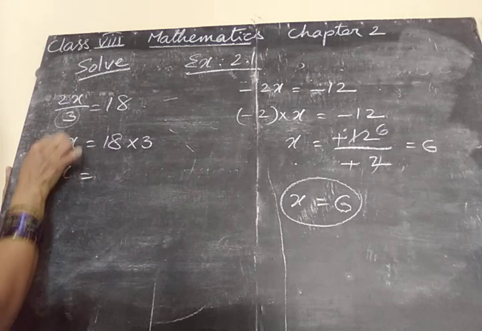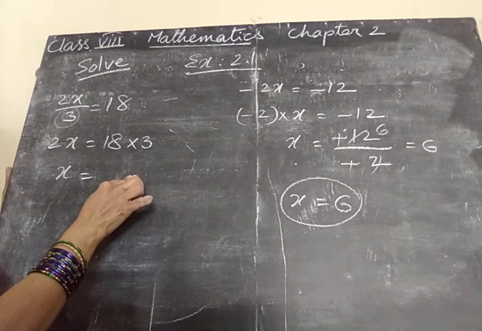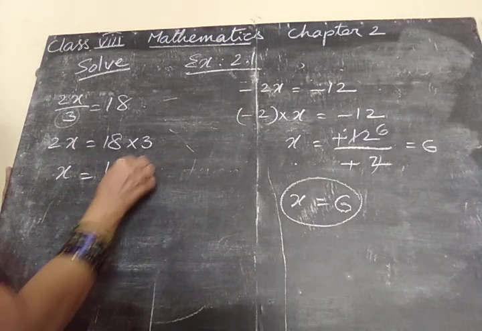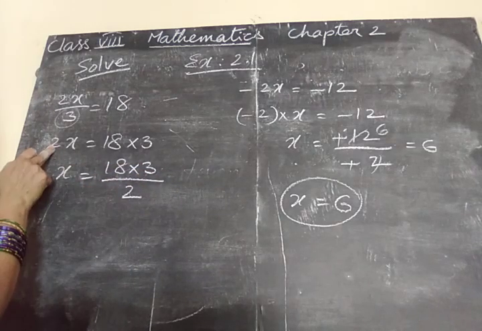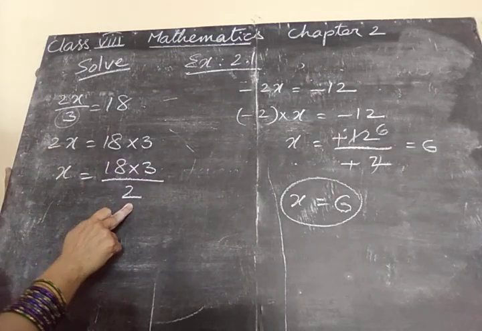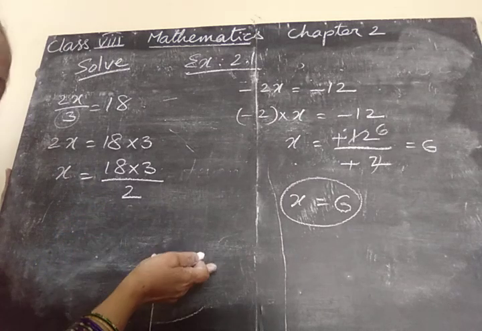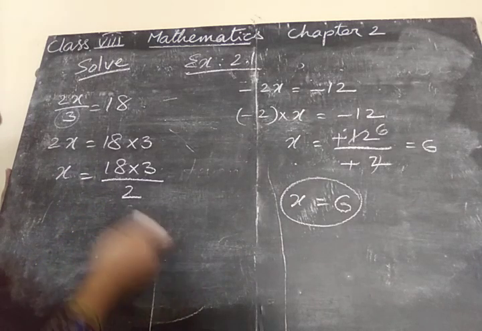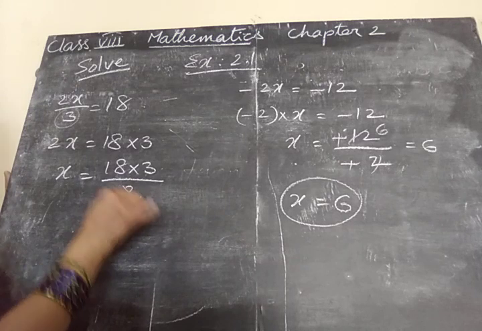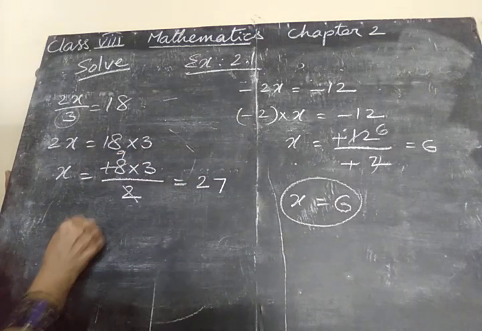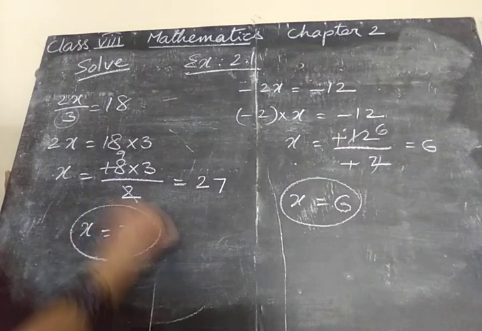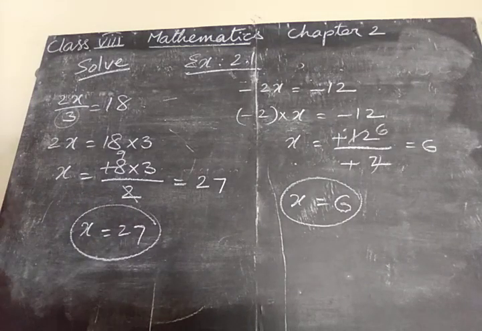So into 2 transposing to RHS becomes divide: 18 into 3 by 2. So 2 nines are 18, and 9 threes are 27. So x is equal to 27. That is the solution. Understood, children?